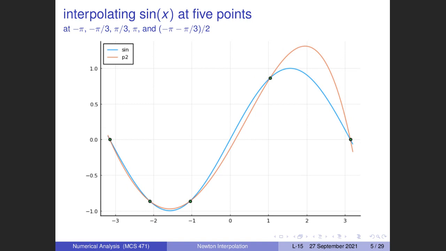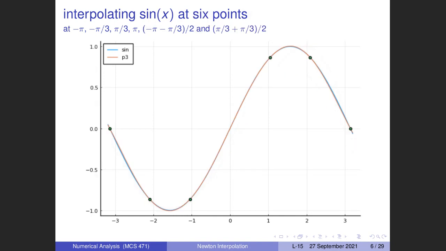Here is the interpolation at 5 points. Now it looks quite good up to the left, although the middle is not so good anymore. But the bulge at the right is what bothers us most. So we're going to add one more interpolation point in between pi over 3 and pi. We're going to take the midpoint of this and use that as an extra interpolation value.